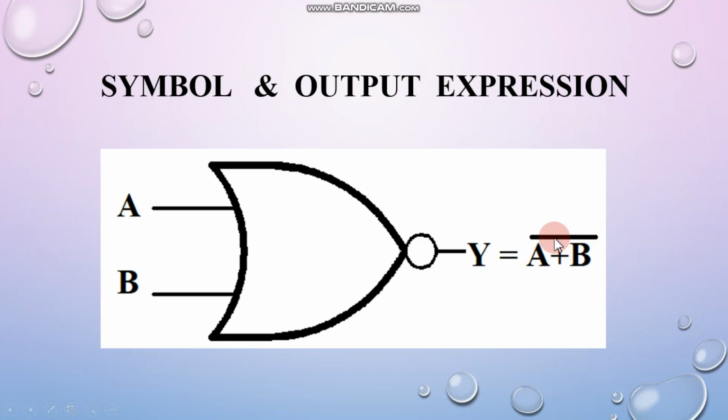In an OR gate you will not see this bubble. The opposite of the OR gate is this NOR gate, and there is a bubble at the output. So the expression is A plus B, the whole bar. Now if in place of A I write X, and in place of B I write L, the output Y equals X plus L, the whole bar. I hope you have understood how to write the output expression. Y equals A plus B, the whole bar.